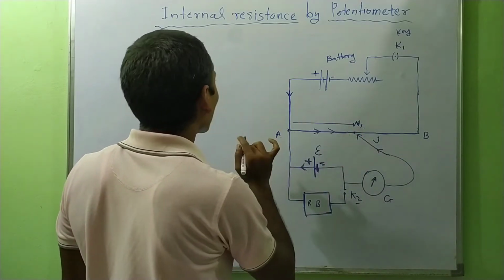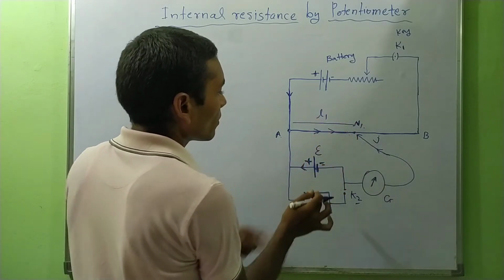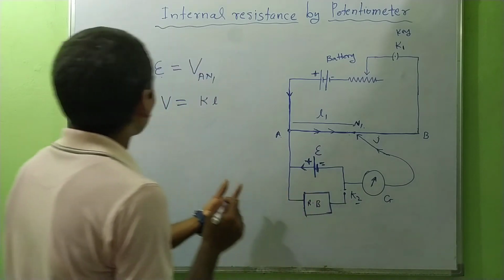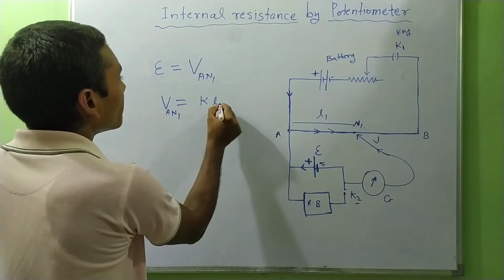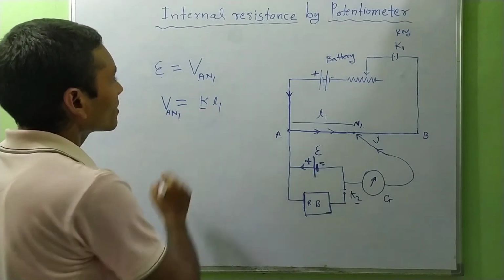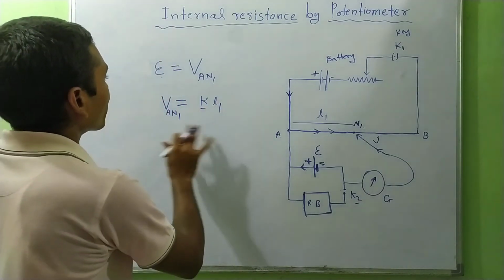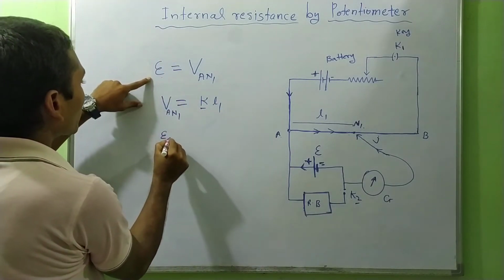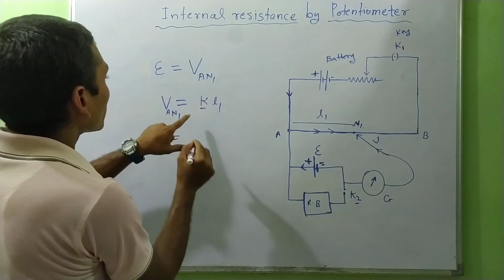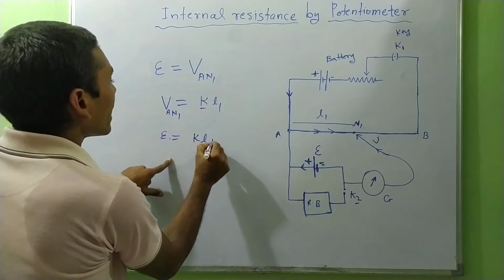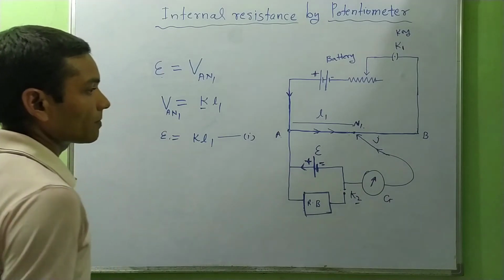Let the balancing length for this primary cell be L1. So V_AN1 will be K L1, where K is the potential gradient. That's why, on putting the value of V_AN1, epsilon will be equal to K L1. Let this be equation first.